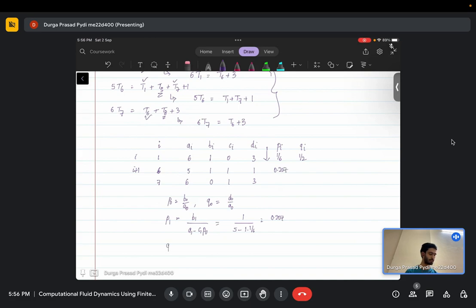Similarly Q1 will be C1 times Q0 plus D1 by A1 minus C1 into P0.